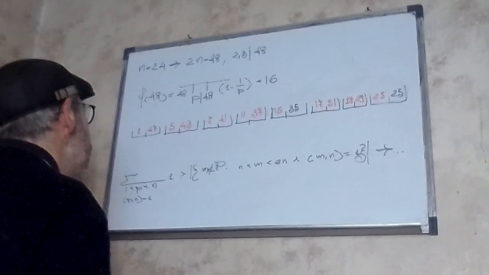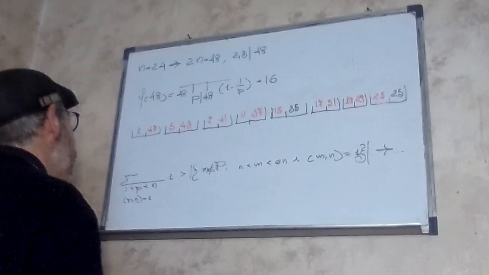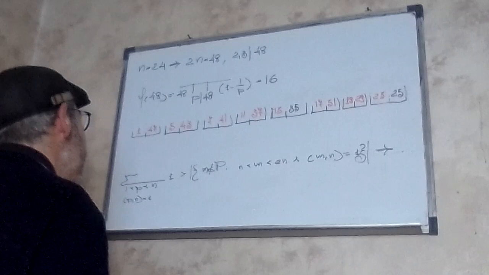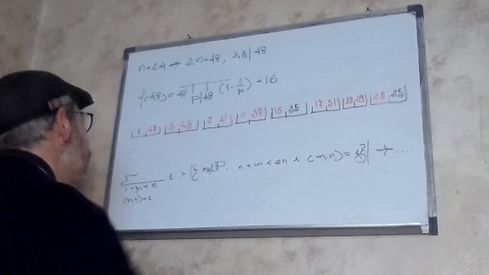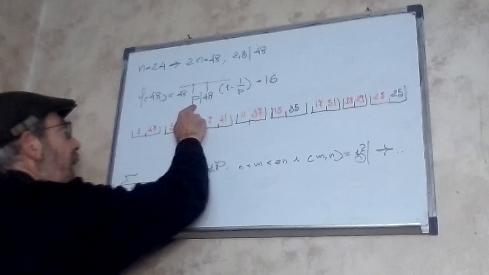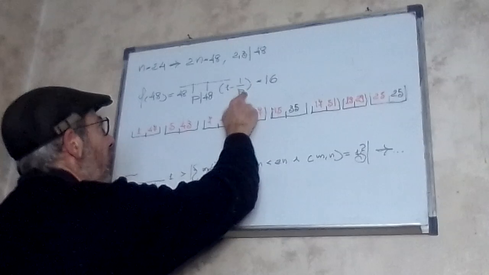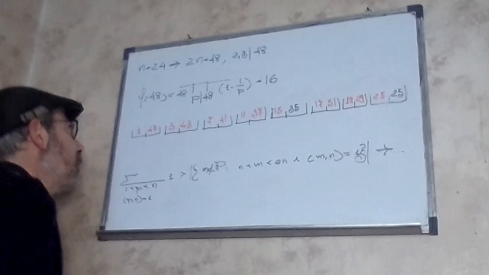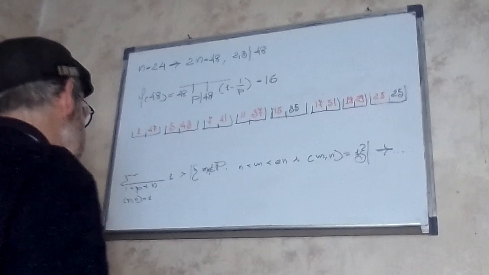over p, the prime numbers that divide 48, of 1 minus 1 over p, that gives 16.